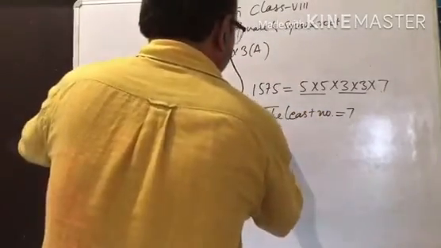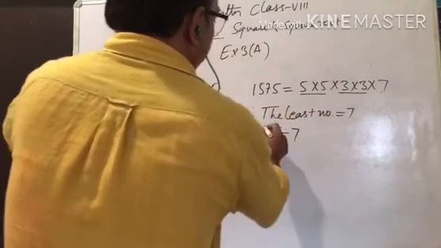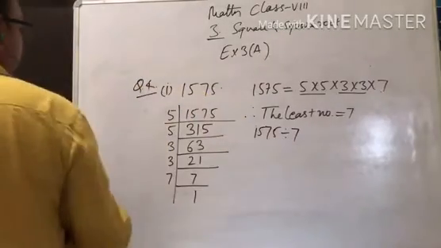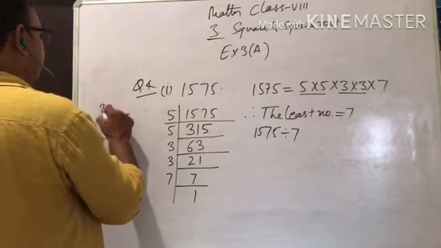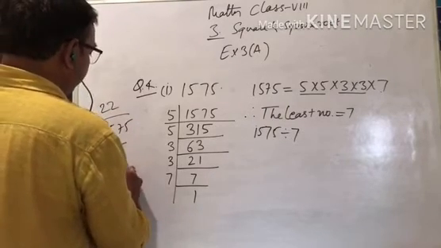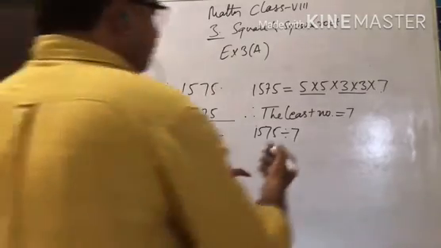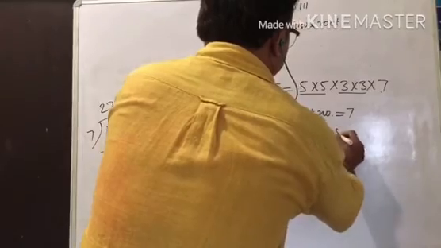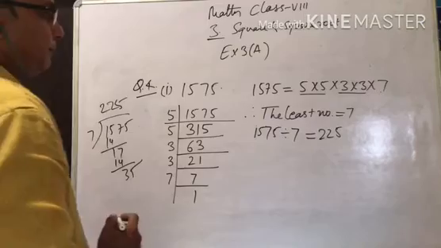So 1575 divided by 7. You can divide this number by 7. 7 2s are 14, 1 carry, this 2 again, this is 14, 35, 5. So the number is 225.